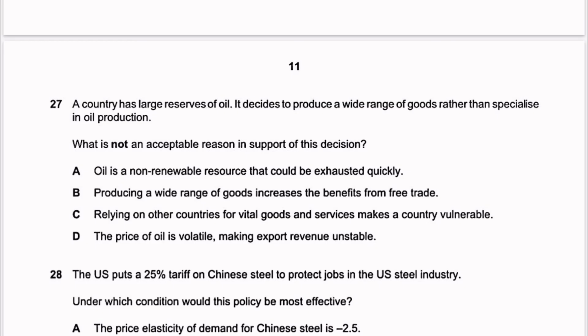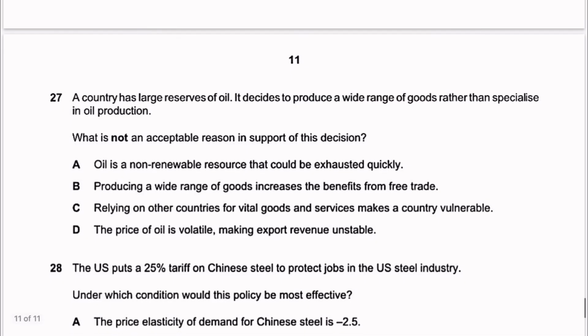Question 27. A country has large reserve of oil. It decides to produce a wide range of goods rather than specialize in oil production. What is not an acceptable reason in support of this decision? In other words, you need to find the option that is least correct. A. Oil is a non-renewable resource that could be exhausted quickly.